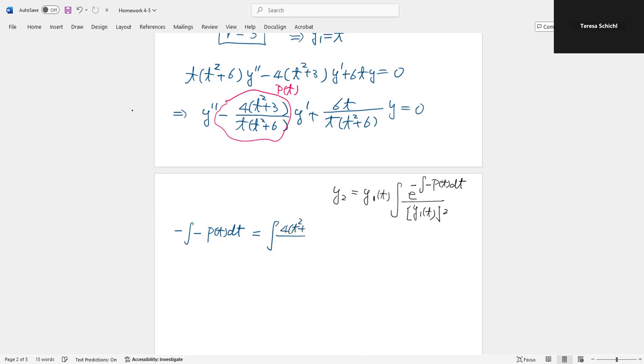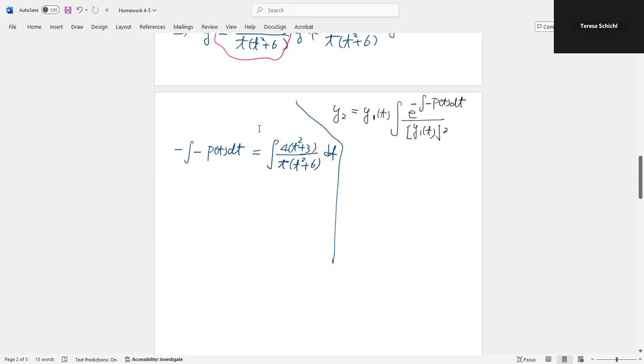So this one really is just the integration of (4t squared plus 3) over t times (t squared plus 6) dt. In order to solve this one, like I said, we can use partial fractions. I divide it as a over t plus (bt plus c) over (t squared plus 6).